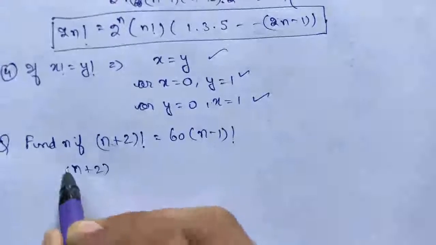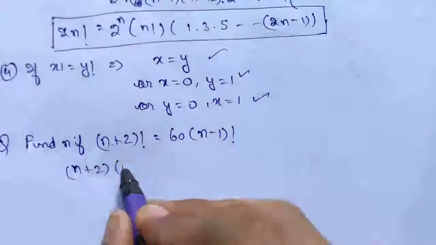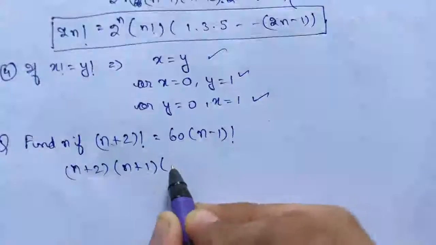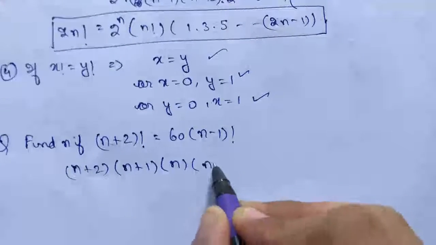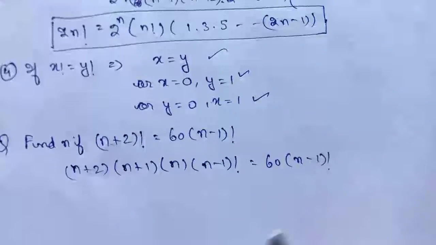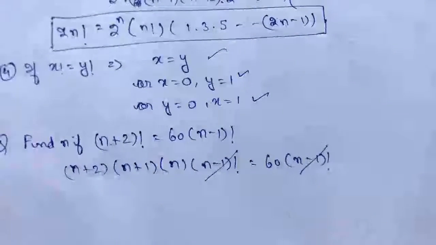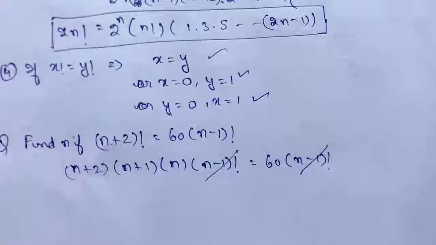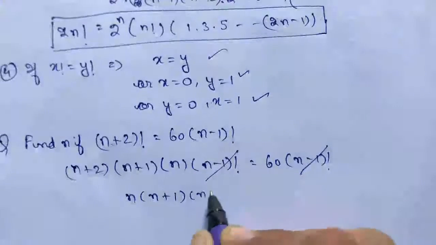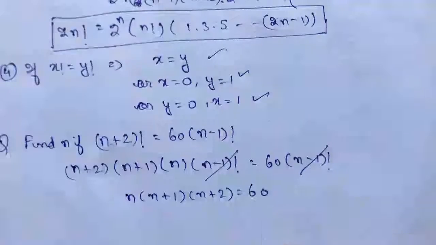So it will be n plus 2, n plus 2 minus 1 will be n plus 1, n plus 2 minus 2 will be n, into (n minus 1) factorial is equal to 60 into (n minus 1) factorial. So (n minus 1) factorial and (n minus 1) factorial will be cancelled out. So this implies n into (n plus 1) into (n plus 2) is equal to 60.